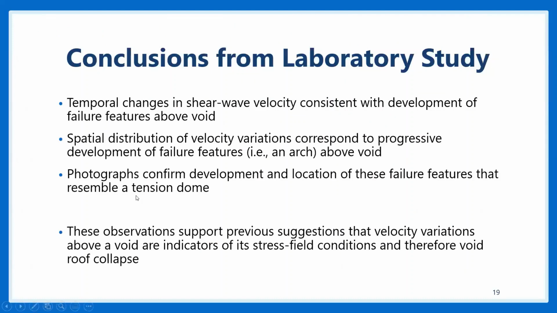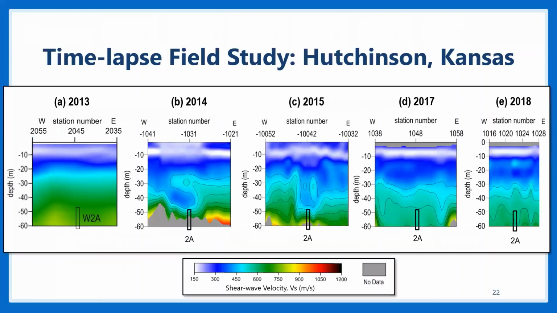So like we just saw, these photographs seem to confirm the development and the location of these failure features. And based on these observations, we believe that the velocity variations are indicators of changes in the stress field conditions and therefore can be used as indicators of the void roof collapse.